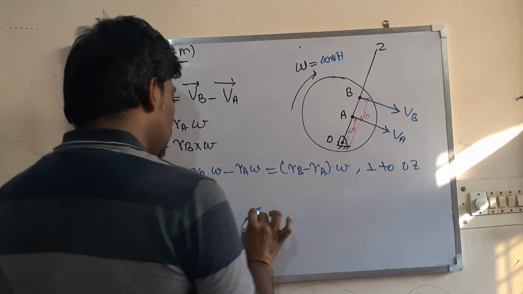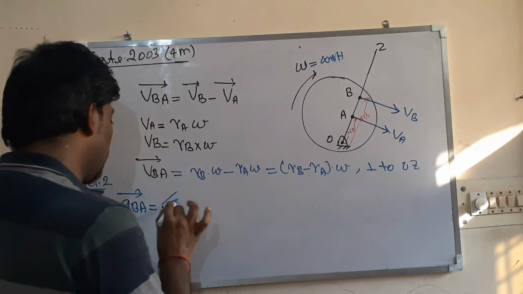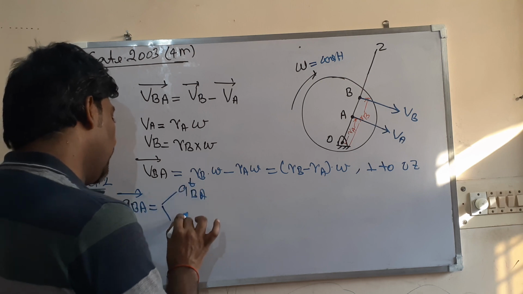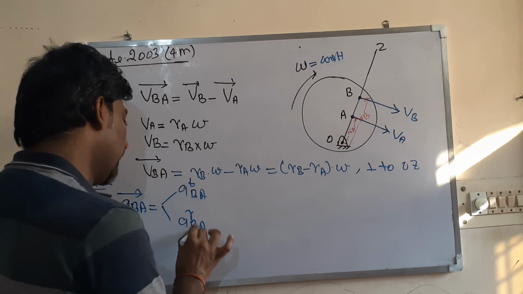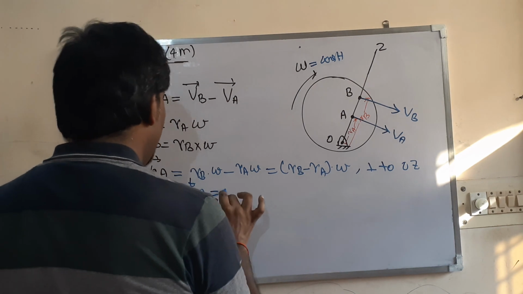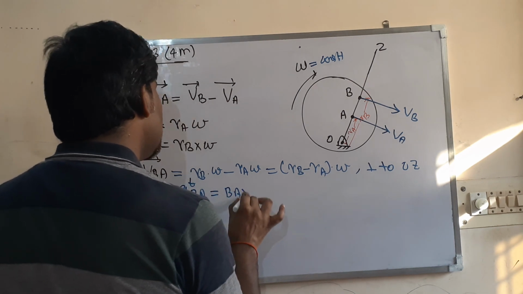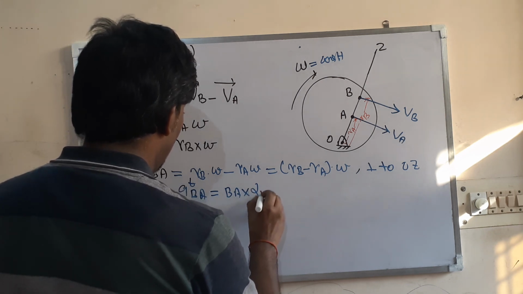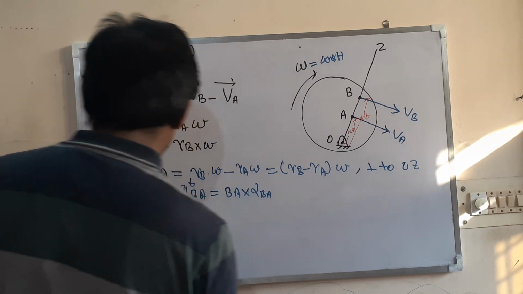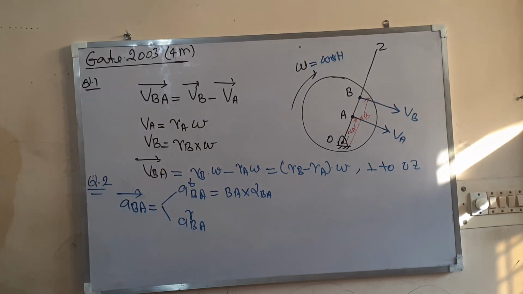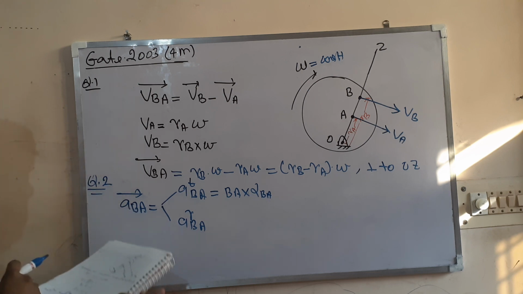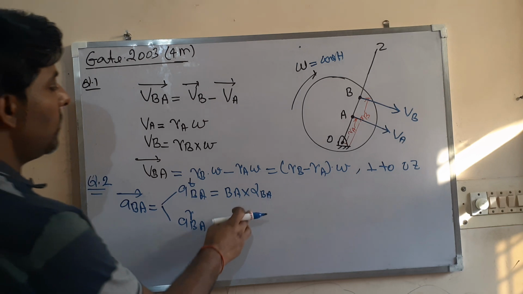then this acceleration has two components. One is the tangential acceleration of B with respect to A, the other is the radial acceleration of B with respect to A. So the tangential component will be BA into alpha.